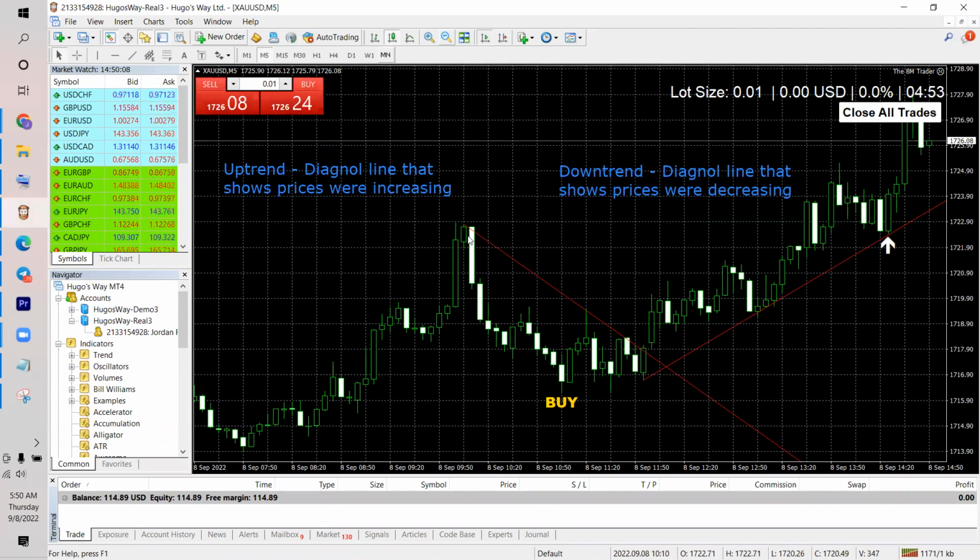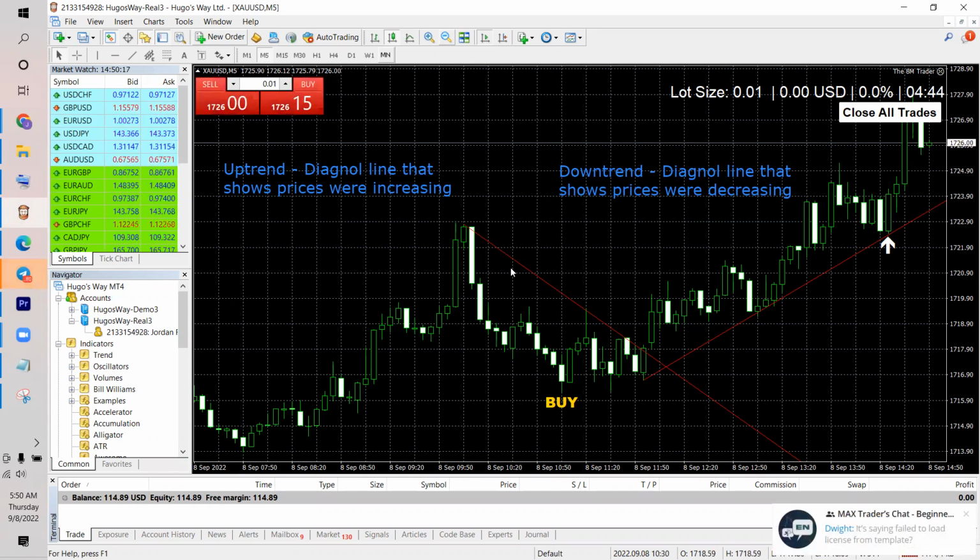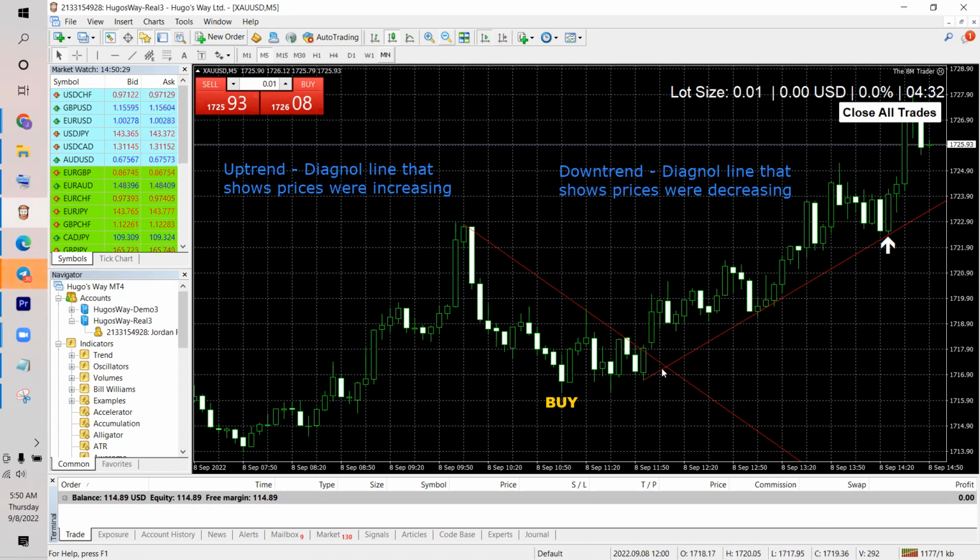And so we can take a look at this line right here, right? We started from our highest point in the market, and it went down all the way. And we could see that the line right here was then broken by price going up.